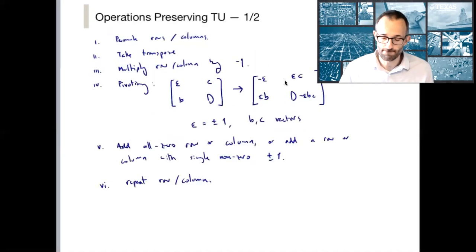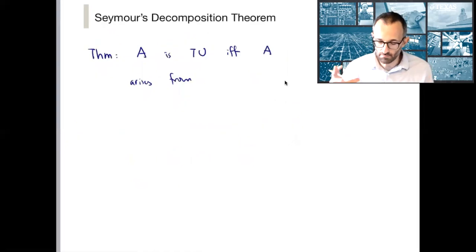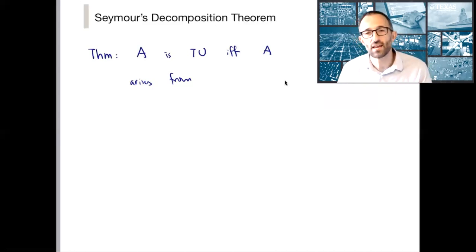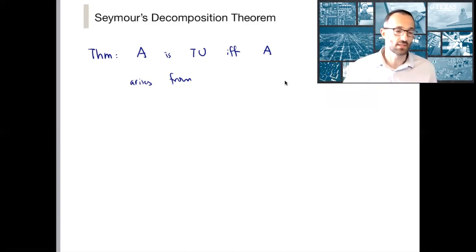And that's it. So this basically tells you that A is totally unimodular if and only if, it's almost that A is totally unimodular if and only if it's built up in this way from network matrices. It's not quite. You also need these 2 additional special building blocks, and that's why this result is so fascinating.